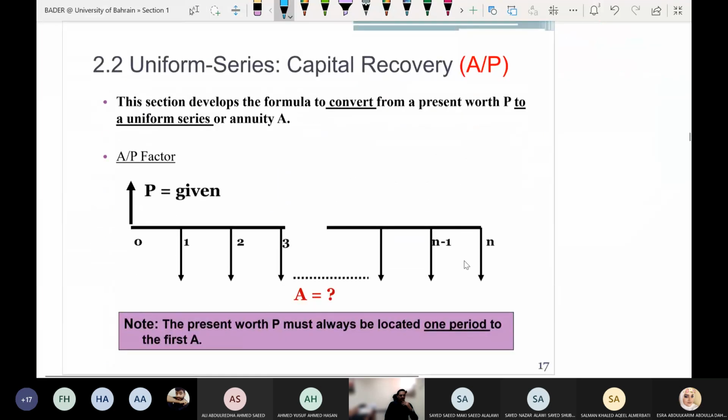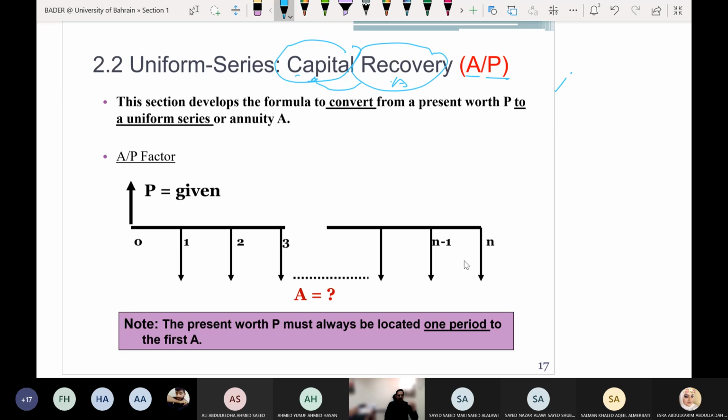We spoke about capital recovery. I have a capital I would like to recover, as you mentioned, over a certain period, which is called installments. So find A given P. I'm trying to find an amount that will recover my principal. Don't forget, we are not just multiplying, we are recovering based on the economy concept.